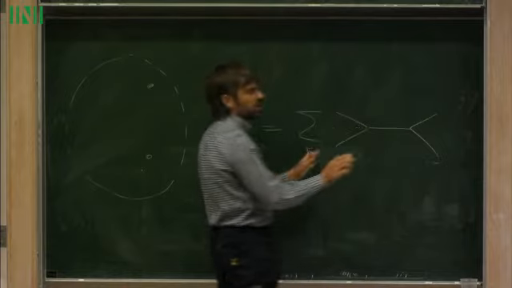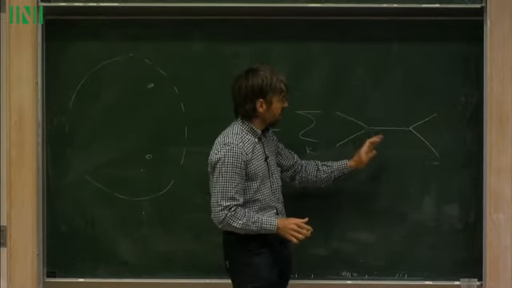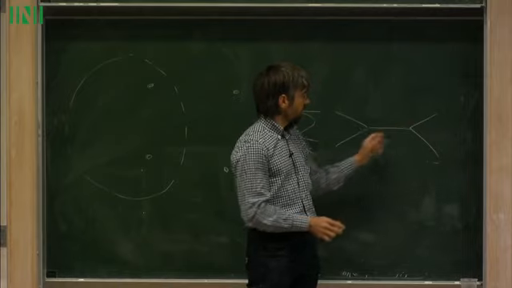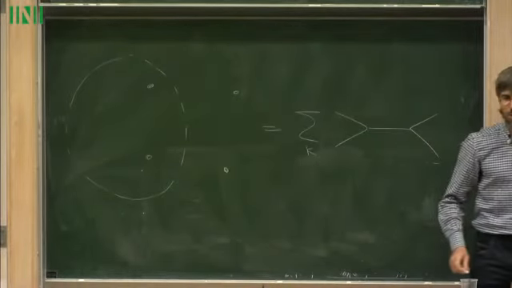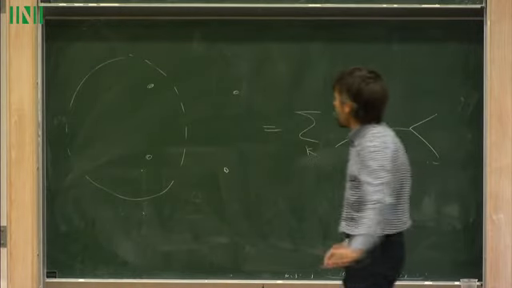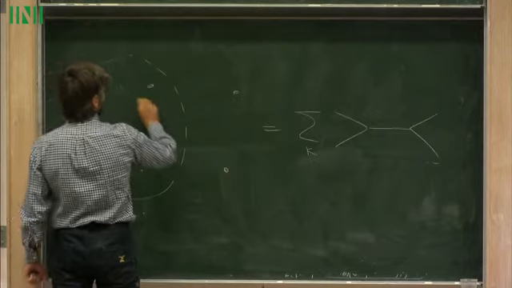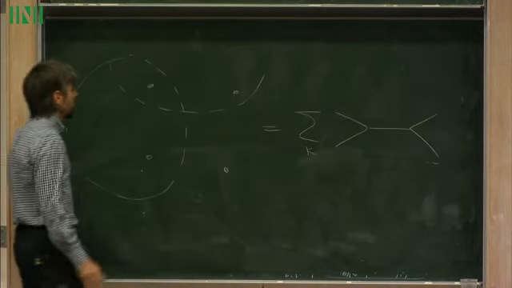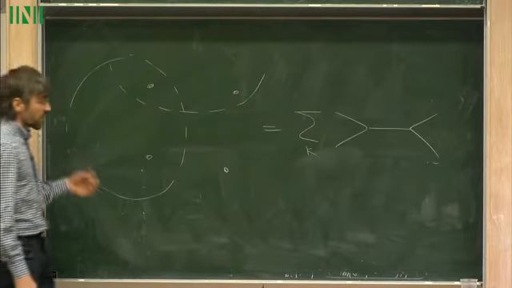But this is not a Feynman diagram. What it means is that I took these 2 operators, used their OPE, these 2 operators used their OPE, and then I reduced everything to 2-point functions of the exchanged operator. But I could do it in a different way, I could do it like this, and I would get a different expansion.